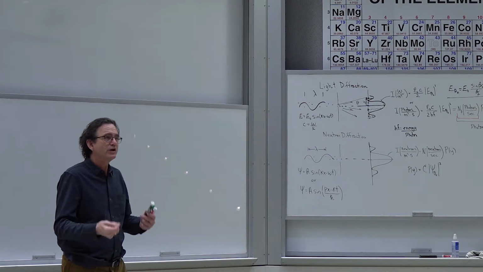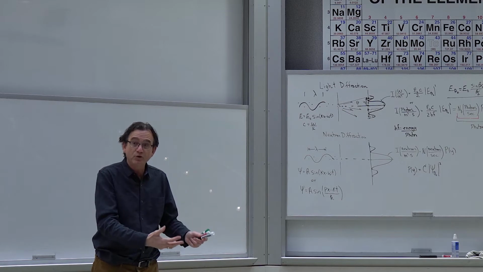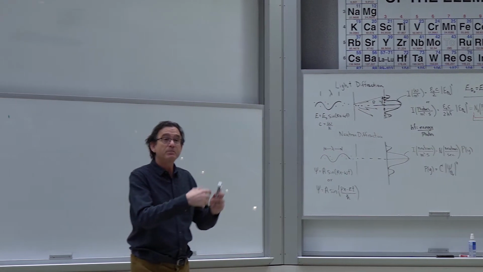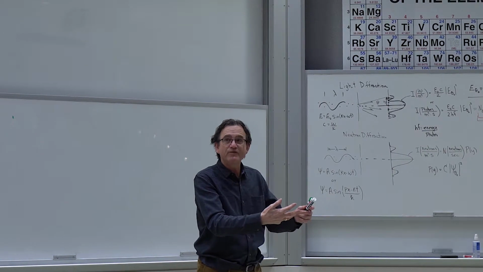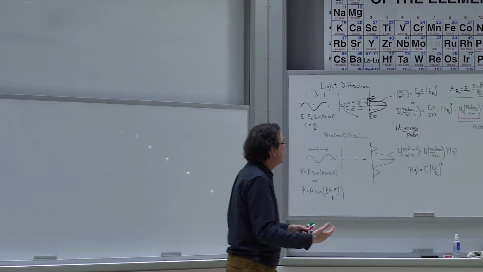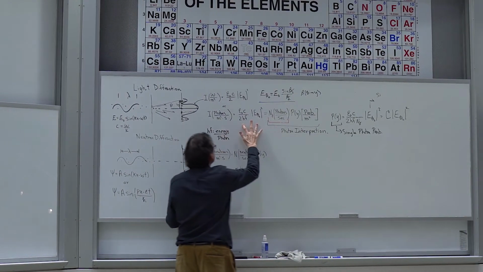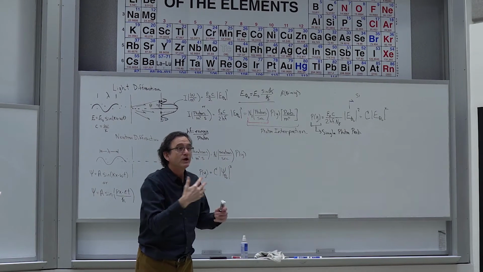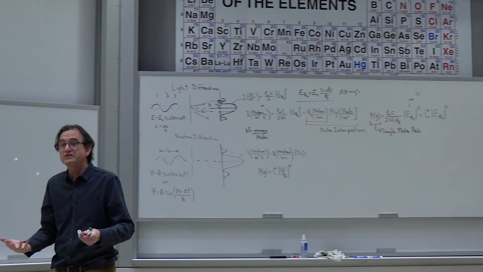Okay. This is very critical. It's the interactive play between looking at a phenomenon from the wave point of view and then looking at it from the photon point of view and saying the two must be the same when I get to the final result. And the final result is the intensity looking at it from the wave point of view has got to be the same as the intensity when I look at it from the particle point of view, because intensity is energy and the total energy is conserved.